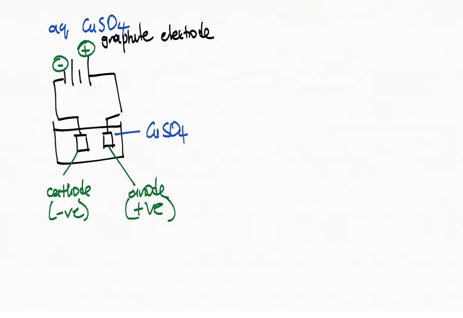Copper sulfate is what color? What color is a solution of copper sulfate? Answers in the chat. Blue. CuSO4 is blue. Right? Why is it blue? What makes it blue? Is it the copper or the sulfate?